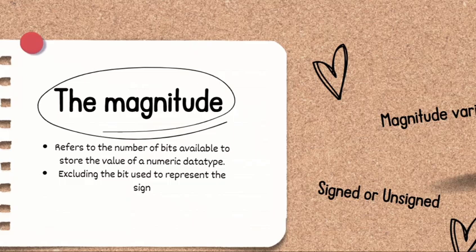Out of that, 1 bit we use for the sign, that is whether it is positive or negative. The remaining 7 bits only we use to store the value of a numeric data type. So that is what we call the magnitude. So the magnitude varies depending on whether it is a signed or unsigned data type.